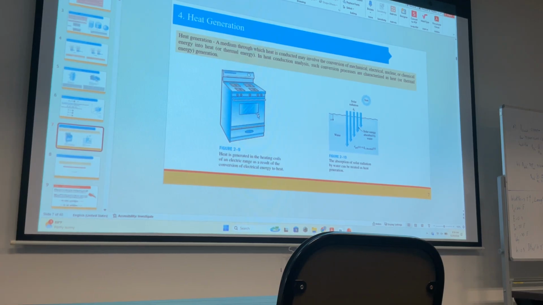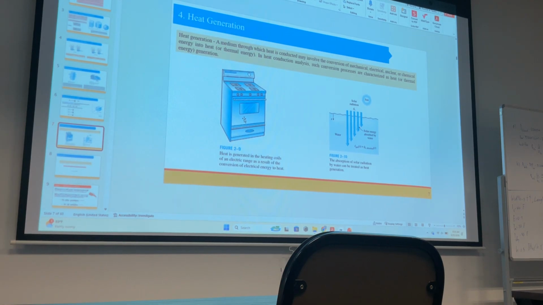So let's suppose, look at this example here. This is an oven, right? You are giving electrical energy to the oven. You are switching it on and the oven is getting started. As a result of this energy, the oven is heating up, right? So the electrical energy changed into thermal energy.